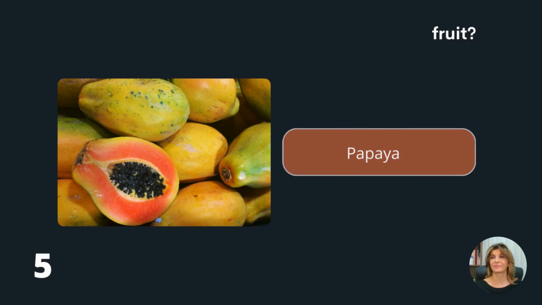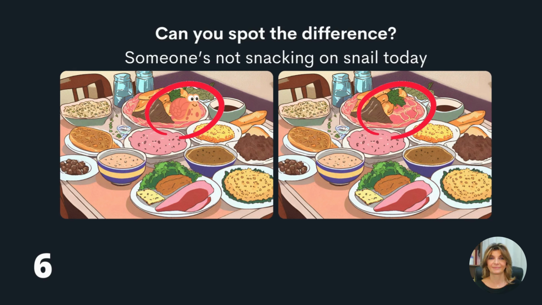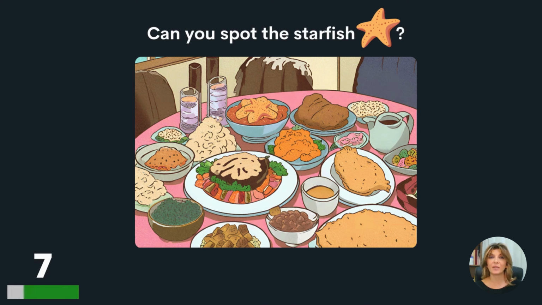Can you spot the difference here? Someone's not snacking on snail today. There is a snail in the one picture. Can you spot the starfish?